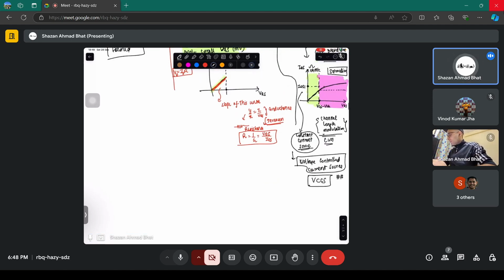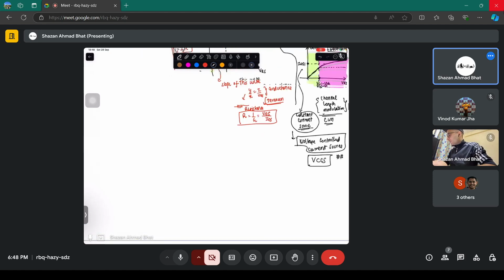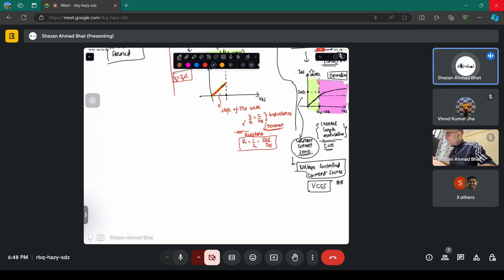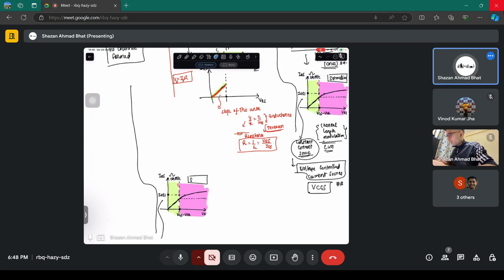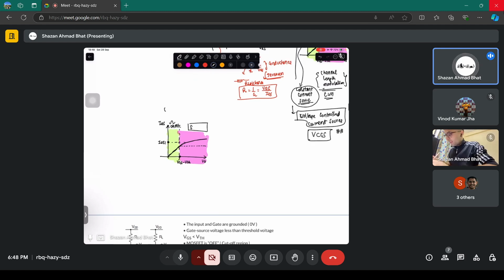Okay. Now what is going to happen is, you see this particular curve here. This is the fundamental curve, I should say, the output characteristics of a MOSFET.